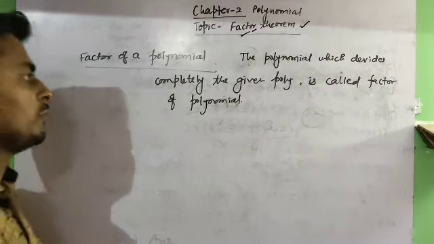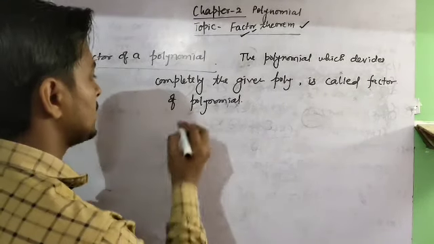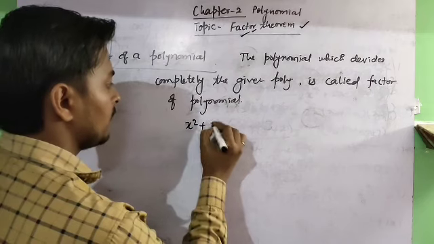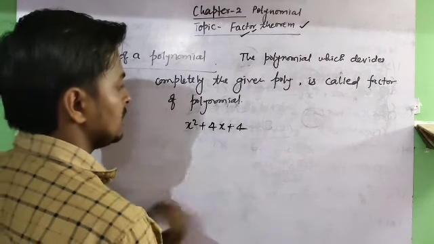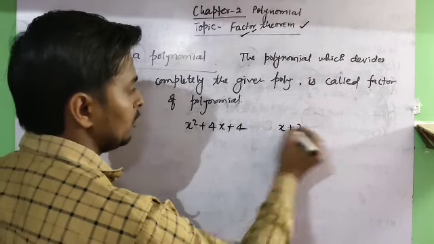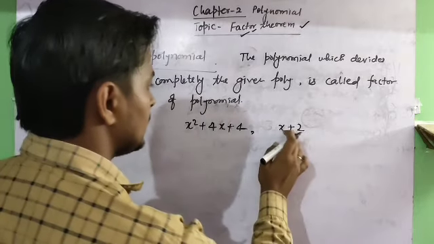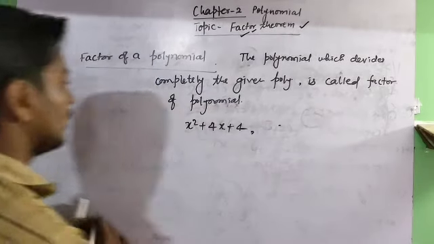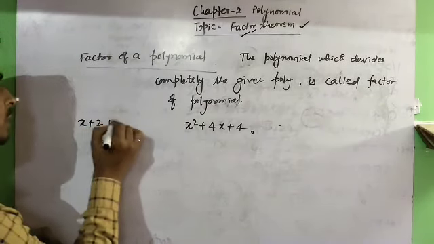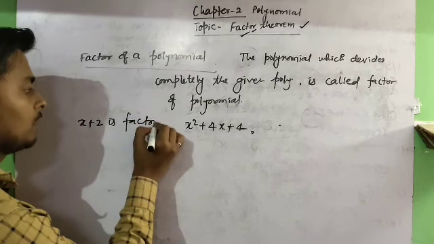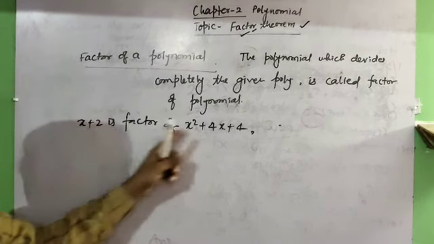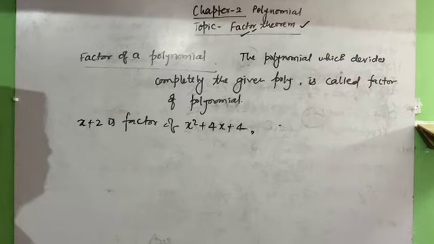Like in previous classes we have discussed that x square plus 4x plus 4 is divisible by x plus 2. So this x plus 2 is a factor of x square plus 4x plus 4.